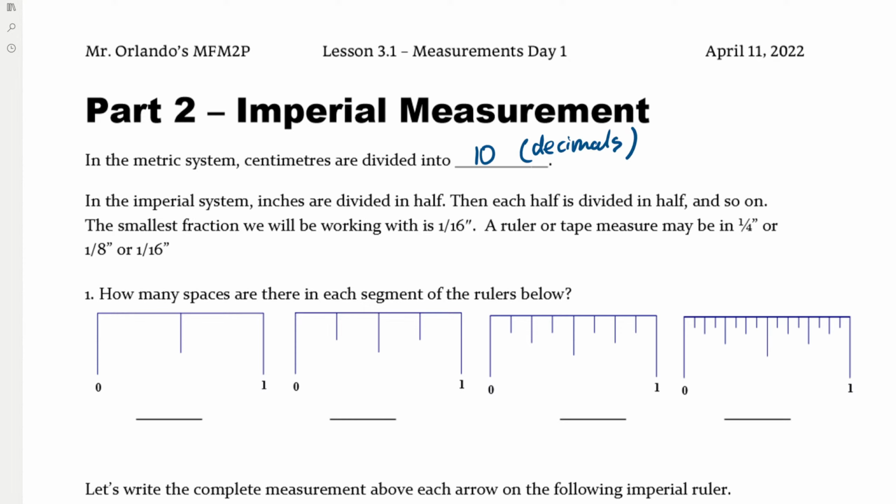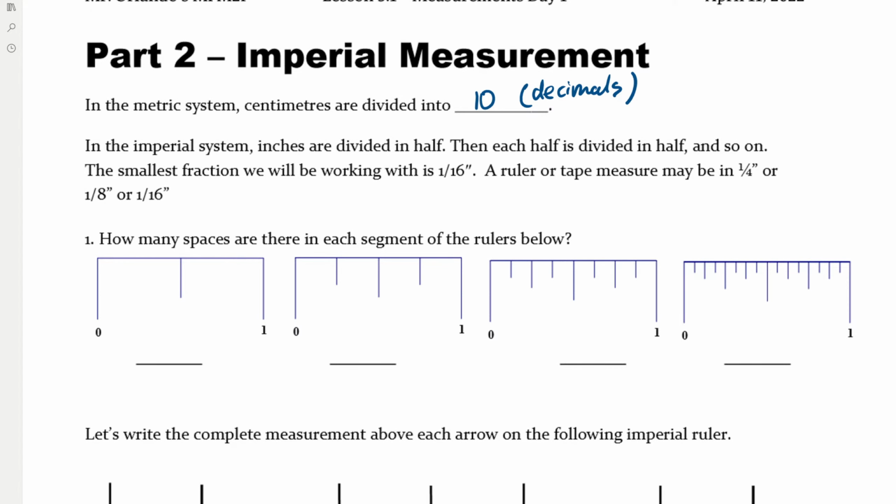But in the imperial system, they just keep cutting things in half. They would say 1.5 inches or 2.5 inches or 11.5 inches. But then they might cut that again and say quarters, 3.25 inches, 2 3/4. And then they can do that for eighths and down to sixteenths and keep going, 32nds, 64ths. In this class, the most we're going to deal with is a ruler that goes down to sixteenths.